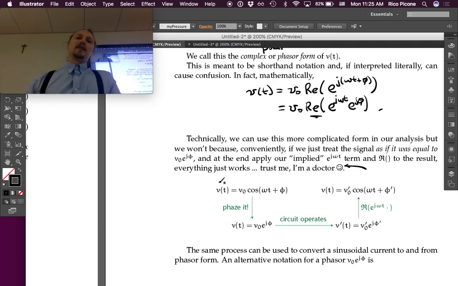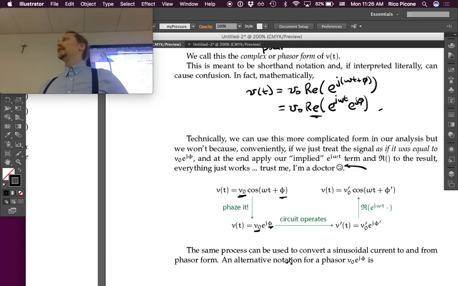Say you have some trigonometric form of your sinusoidal input, just like we started off with, V0 cosine omega t plus phi. Phasor it, in other words, turn it into phasor form. You just take the amplitude and the phase and stick them in there like that. Easy enough, right? Just take the amplitude and phase and put them in V0 e to the j phi. Then, operate on it with your circuit.